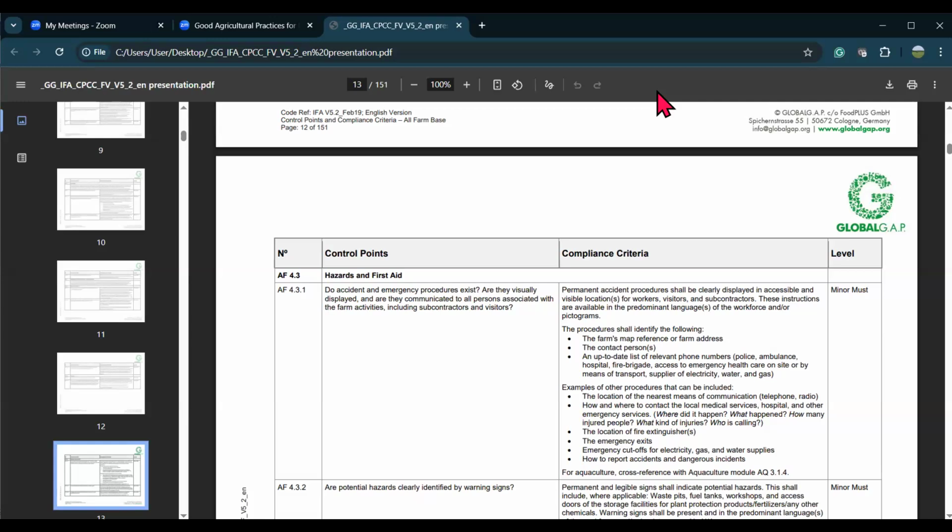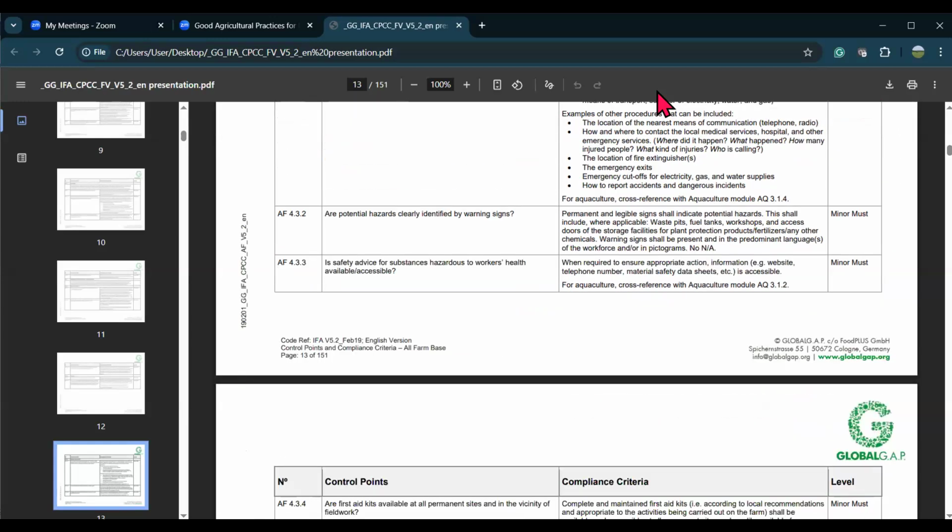You could also capture where the closest location is. Take for example the closest hospital. If you're in this particular community, the closest hospital is 2 kilometers away, or 10 kilometers away, or 5 kilometers away. So you probably want to have some details on all of those things.